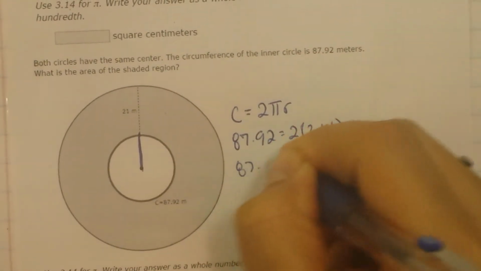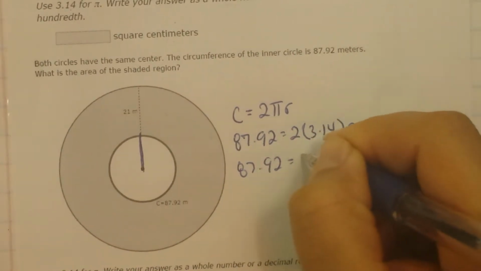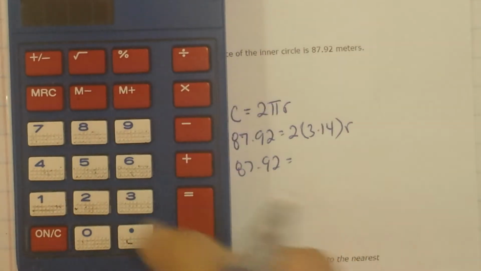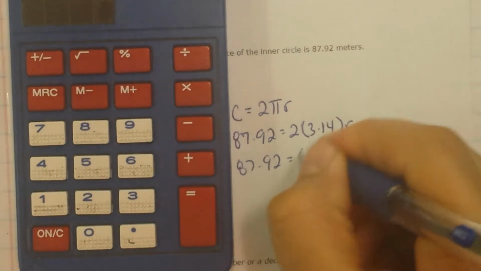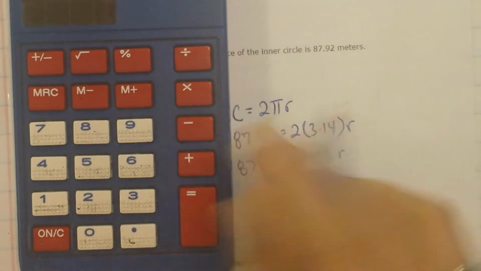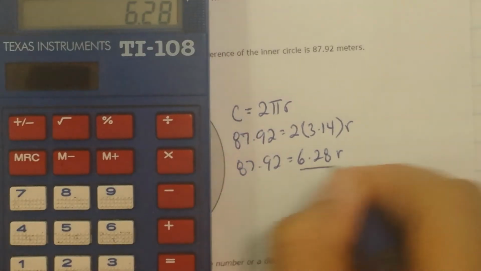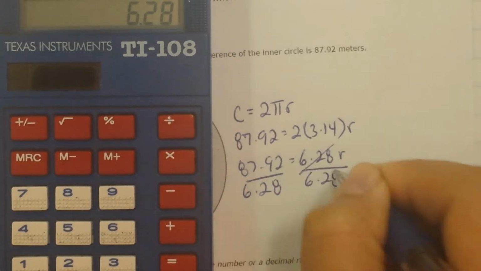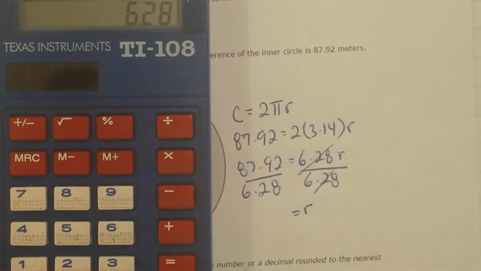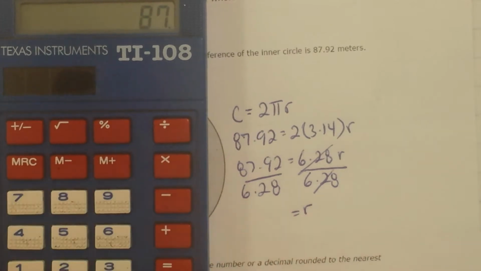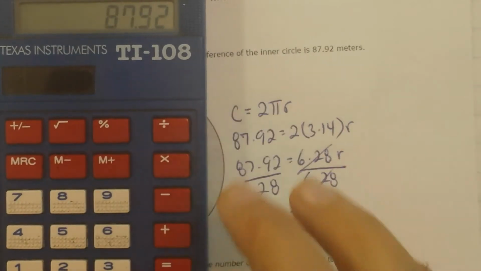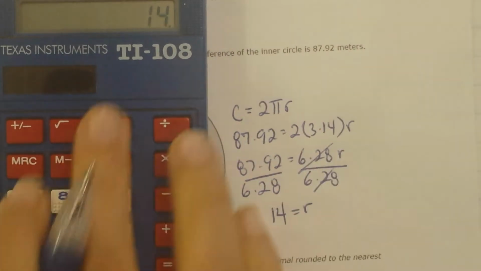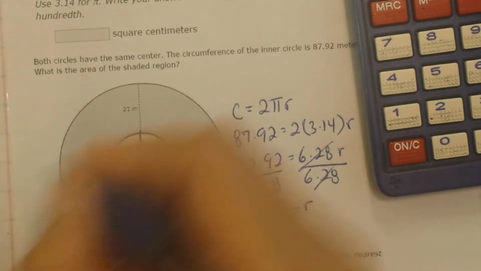You get 87.92 equals 6.28 times r. Then you divide both sides by 6.28, that cancels, so r is 87.92 divided by 6.28, which equals 14. So the radius for the small circle is 14.